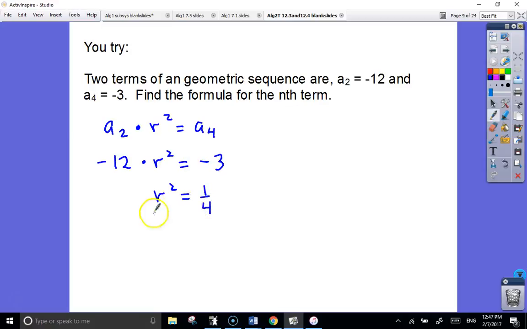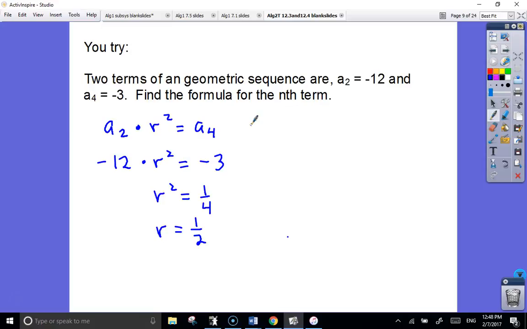Okay, now take the square root, what do you get? The square root of 1/4. Okay, it's 1/2. All right, so if we know the r, now we need to find the first term.